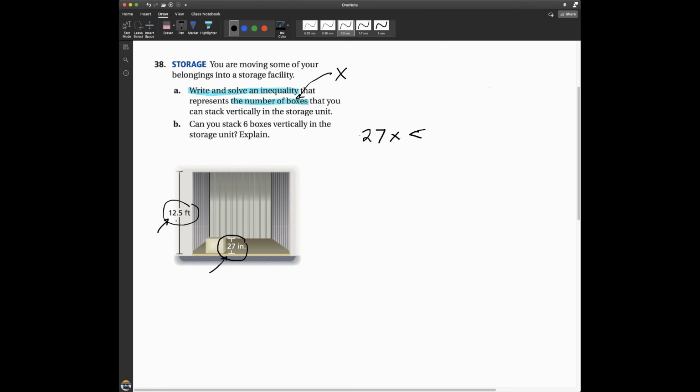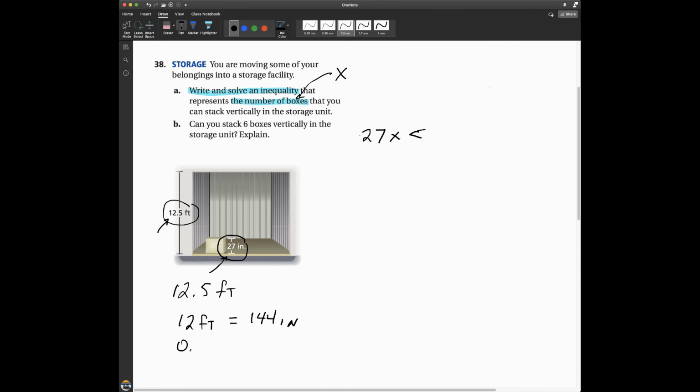So let's convert 12.5 feet into inches. 12.5 feet is the same as 12 and a half feet. So 12 feet is how many inches? Well, I know 1 foot has 12 inches, so for 12 feet I have to multiply 12 times 12, so that's 144 inches.